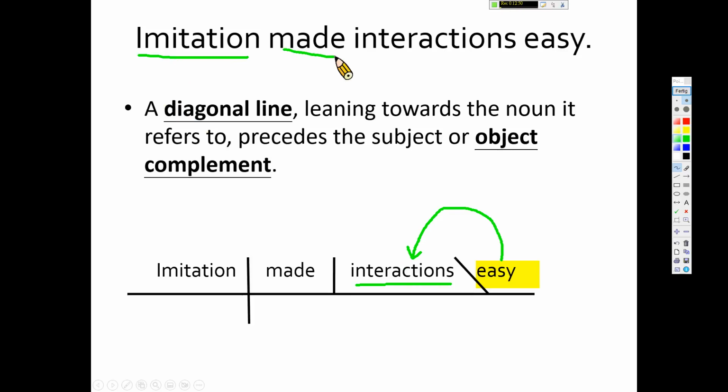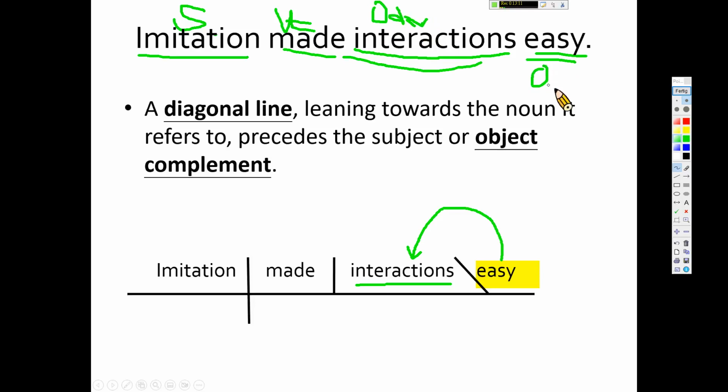Imitation, made, interactions, easy. So here is the subject. This is the subject. And this is the verb, transitive verb, right? And the interaction is the direct object. And easy, it is an adjective, right?